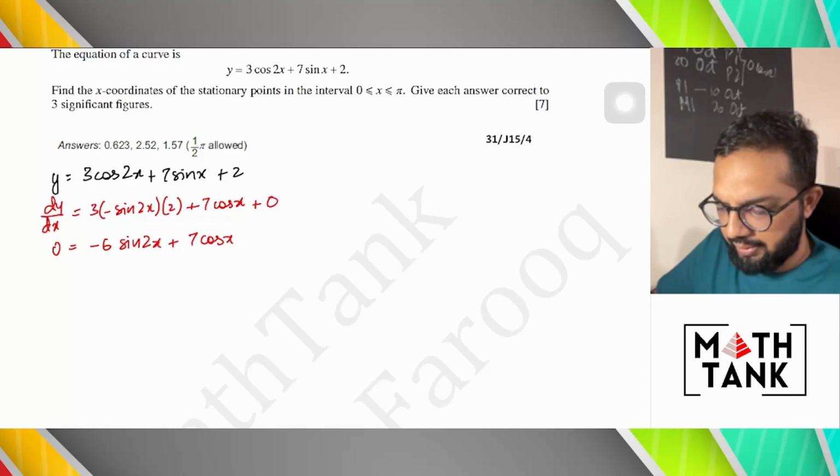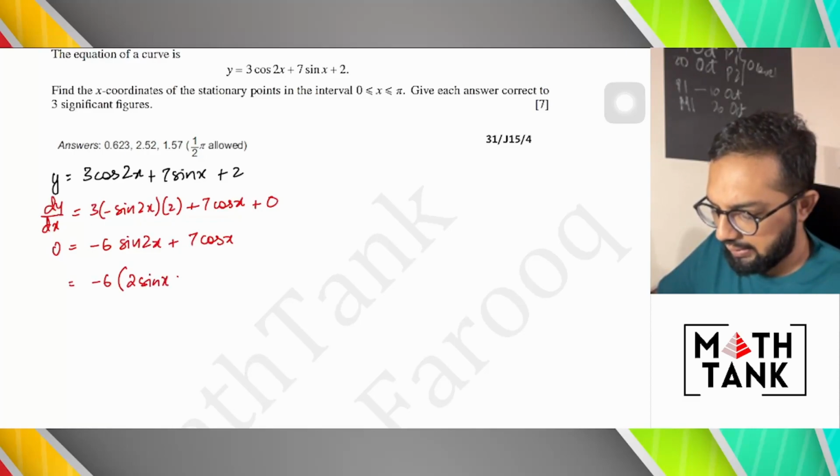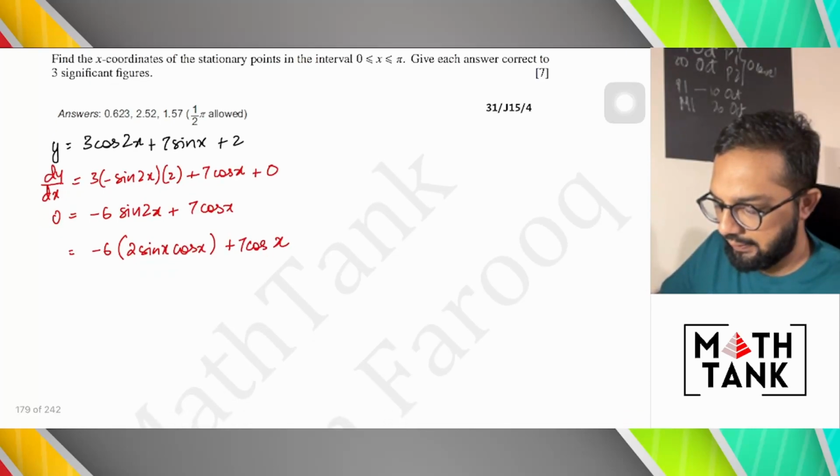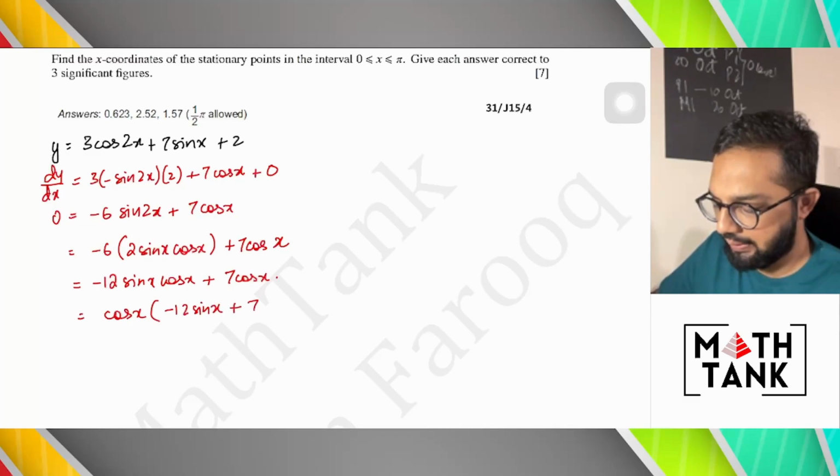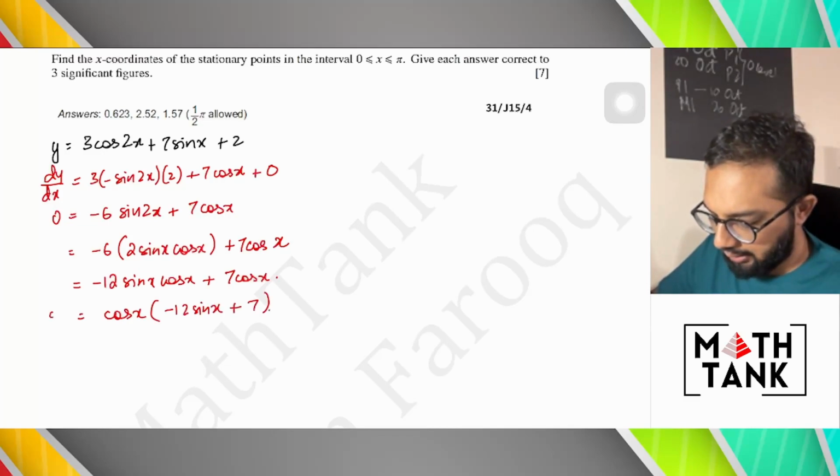Now I will have to use some form of identity to do this. Minus 6 into sine x cos x is the identity for the double angle sine 2x, 7 cos x. So that gives me minus 12 sine x cos x plus 7 cos x. I will factor out a cos x and say that this is minus 12 sine x plus 7 equals to 0.